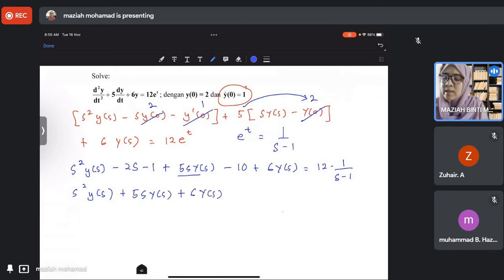Okay, and then this part here is minus 2s plus 11 equal to 12 over s minus 1.